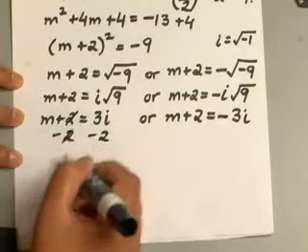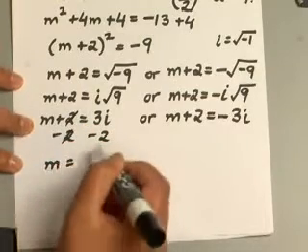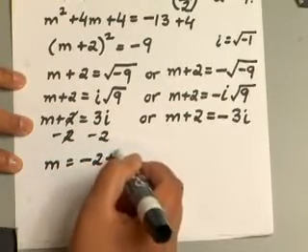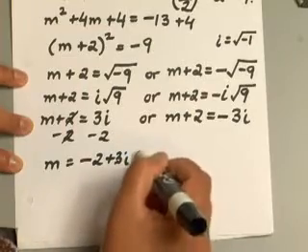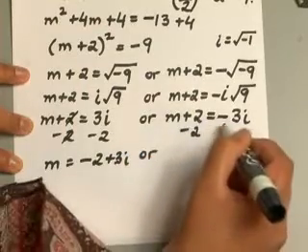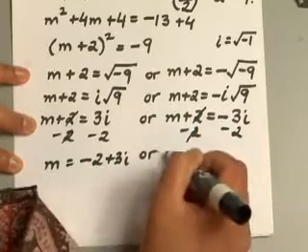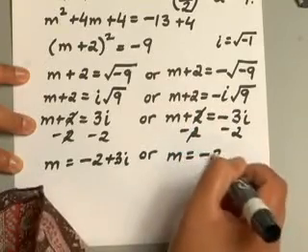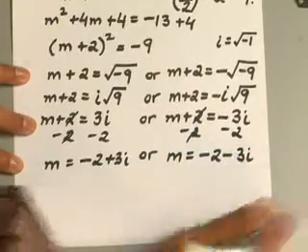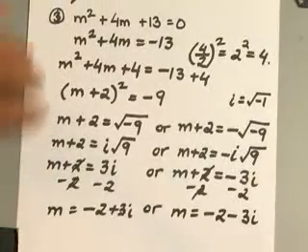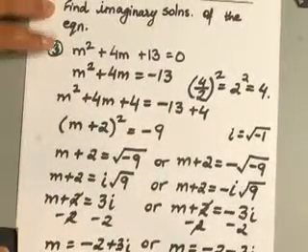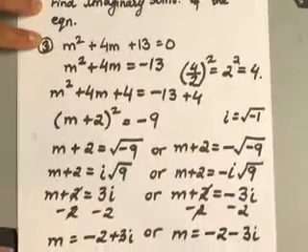Now, once you simplify the radical, you can go ahead and get m by itself by moving your 2 over to the other side, and you end up with m equals negative 2 plus 3i. Same thing on the other side, move your 2 over, m equals negative 2 minus 3i.